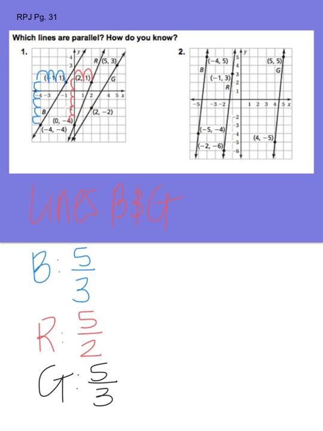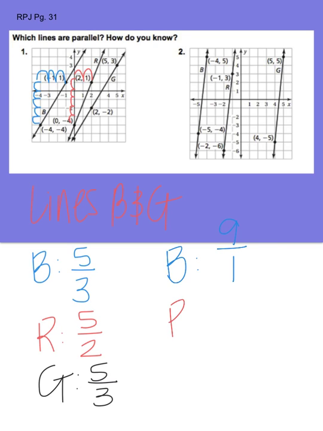I want you to take a minute with your table partner and try number 2. Find the slope of line B, R, and G, and then figure out which one is parallel. Go ahead. Okay, so for line B, you should have gotten 9 over 1.